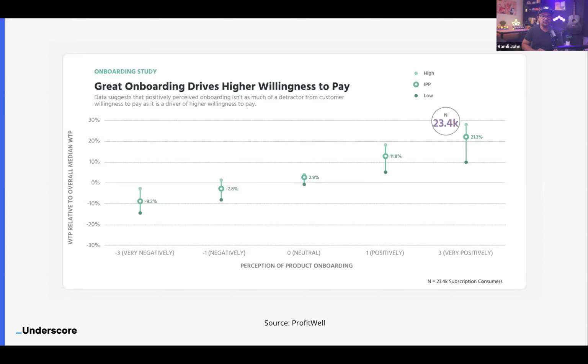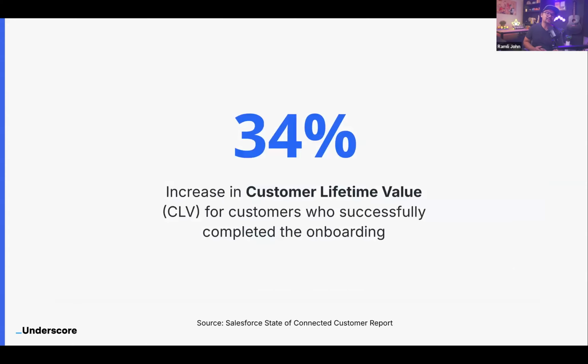And they're more likely to, not just pay the first time, but actually pay for a longer time, and maybe even upgrade to higher tier plans, which is something that Salesforce also found in their study: those who successfully complete that onboarding experience have a 34% higher customer lifetime value, because, as you've seen, they're more likely to upgrade to higher tier plans and different things like that.